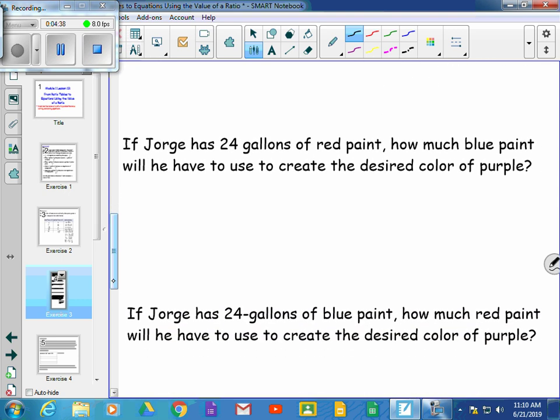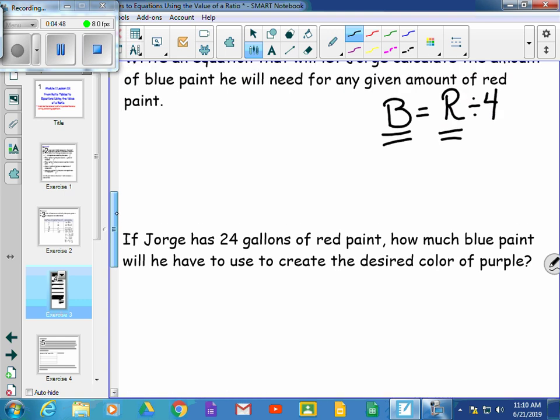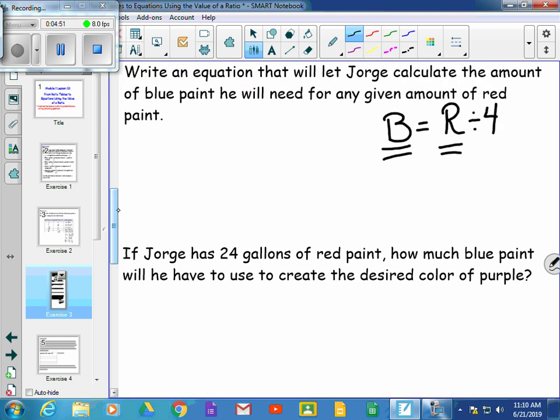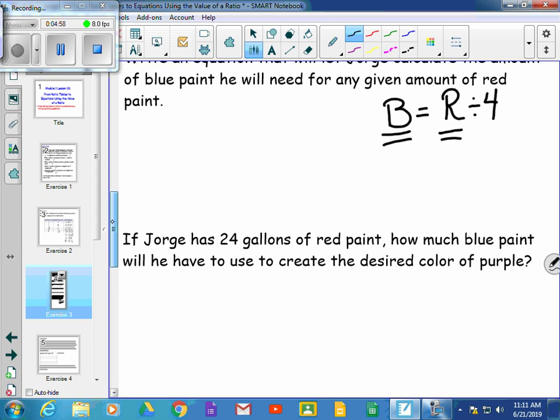Now, if Jorge has 24 gallons of red, how much blue will he have to use to create the desired color of purple? Now that we have equations, we could substitute that 24 and figure out how much blue. We want to know how much blue, so I want to use this equation: B equals R divided by 4. That tells me how much blue we need.